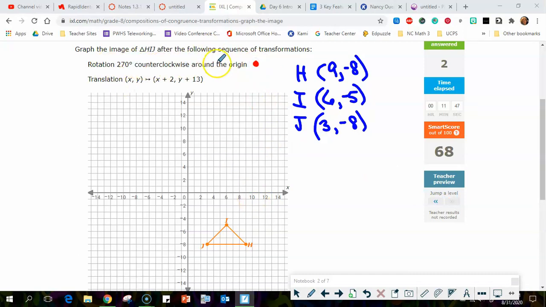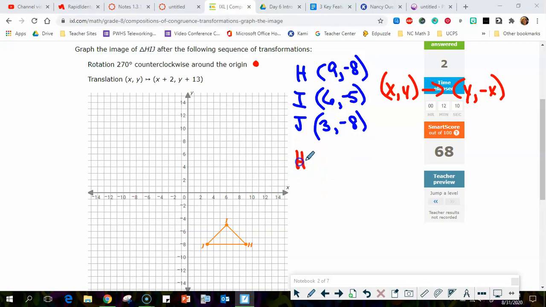270 degrees counterclockwise, 90 degrees clockwise, same thing. And the arrow rule for that is, let me make sure, 270 counterclockwise: (x, y) goes to (y, negative x). So they switch places, and the original x changes to its opposite.